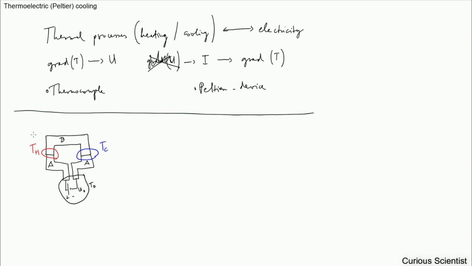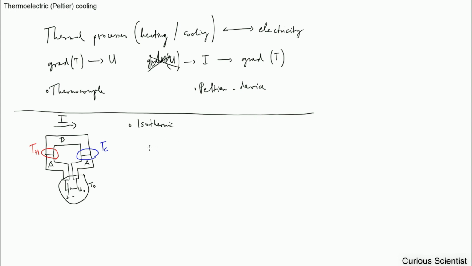So this is basically the whole setup here, and you have a current I flowing in this direction. So let's have some discussion. The circled areas are isothermic.